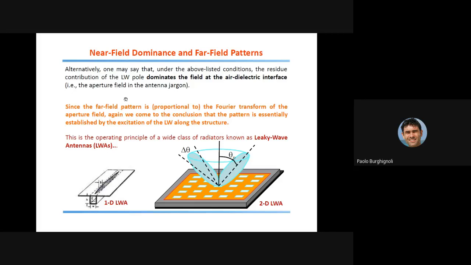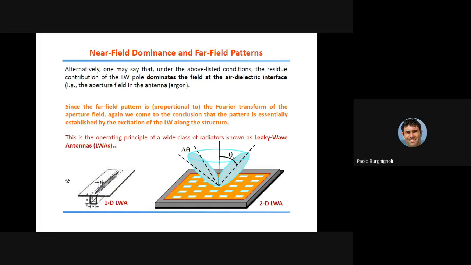And this is the principle underlying the behavior of an entire class of radiators known as leaky wave antennas. Since the far-field pattern is proportional to the Fourier transform of the aperture field, and since the aperture field may be dominated by the excitation of a leaky wave, again we come to the conclusion that the pattern may be essentially established by the excitation of a leaky wave along the structure.